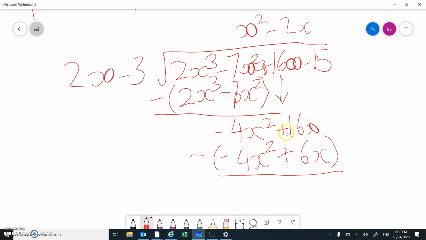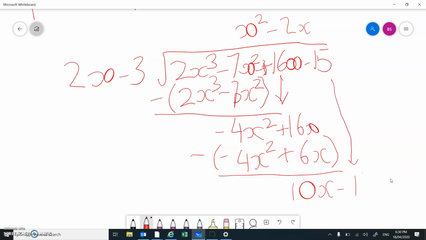It's our check. 16x minus positive 6x, that's 16x minus 6x, effectively 10x down here. Let me just delete that, as my pen is acting up again. We like to have 2 things on each line, so bringing that down.